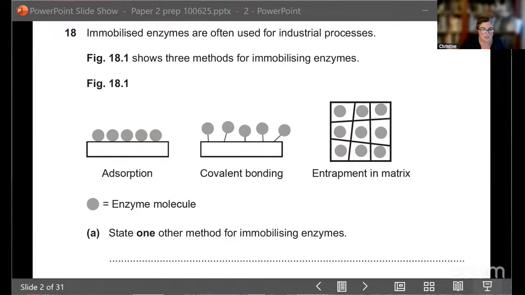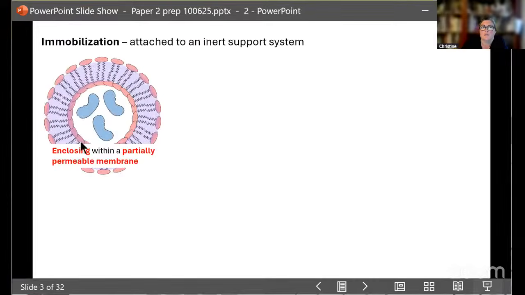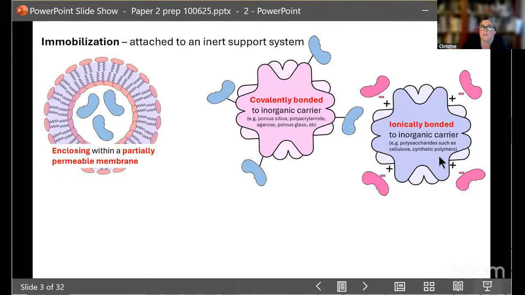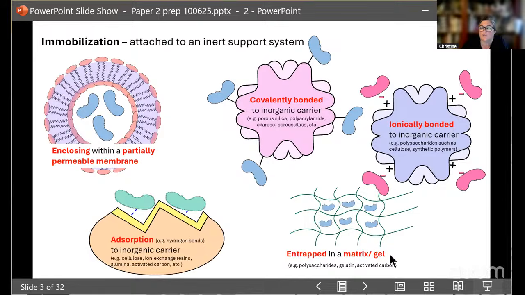Okay, so in this case we would be looking at, where have you got here? Obviously you've got the enclosed, the covalent, the ionic bonding, your adsorption, and your entrapment. So technically, yes, they should give you that as a marking point because you haven't said anything that's wrong.